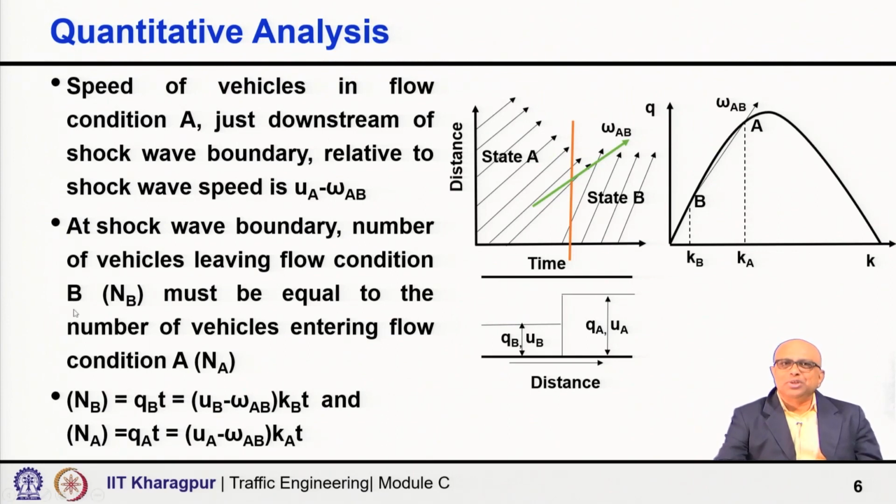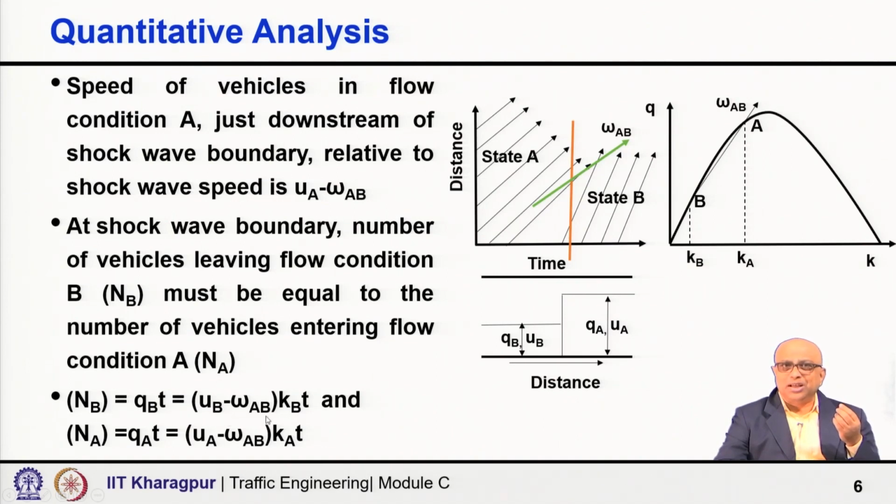So, how we can calculate NB? How many vehicles are leaving flow condition B? It is the flow QB multiplied by T. What is QB? How we can know flow rate? It is Q equal to U into K, but here relative to shock wave, what is the speed?